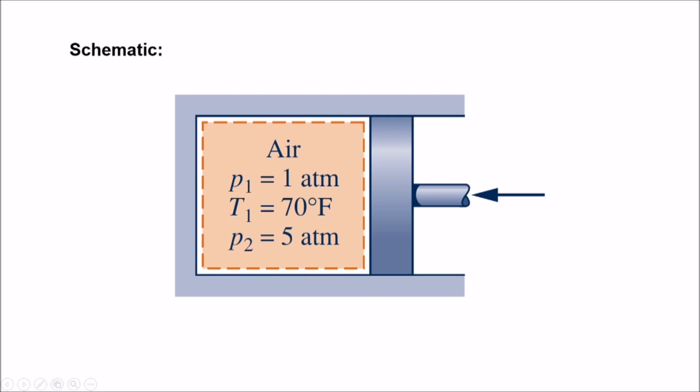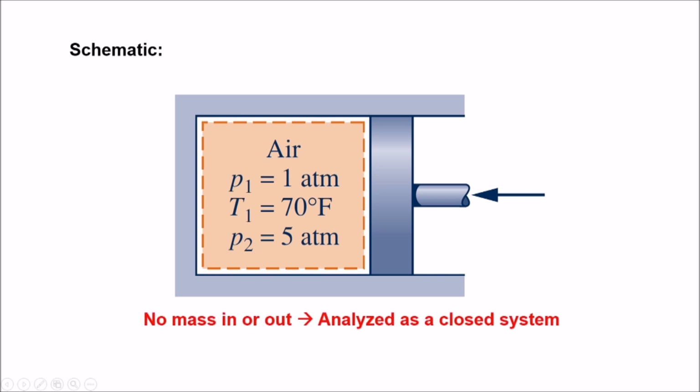The next step in the solution is to develop a relevant schematic. In this case, it was provided to us. However, let's highlight a few important pieces of information that were provided, which will help to develop our solution. The first thing to note is that there is no mass entering or leaving the piston cylinder assembly. This immediately suggests that a closed system approach is the correct one.